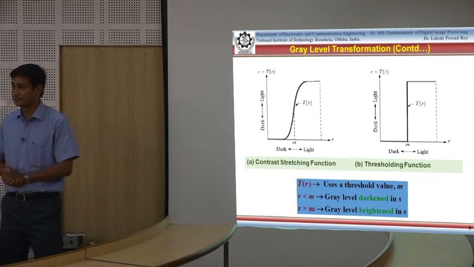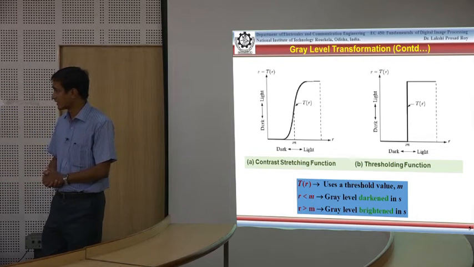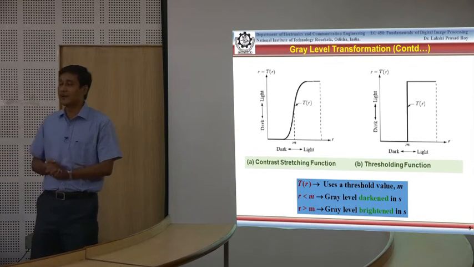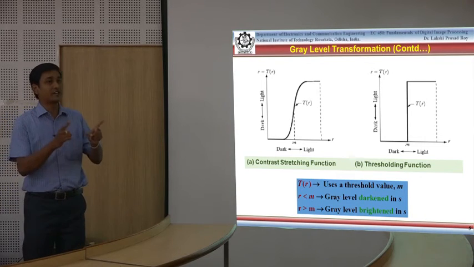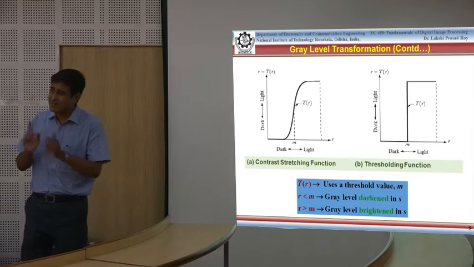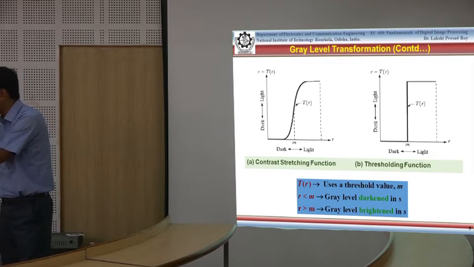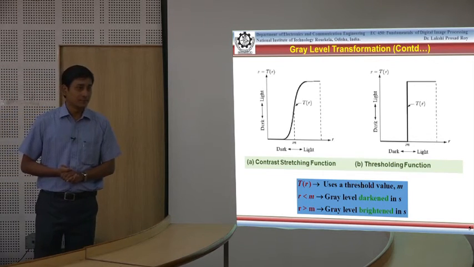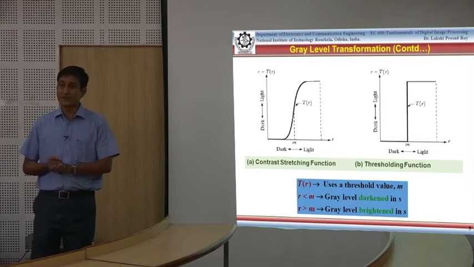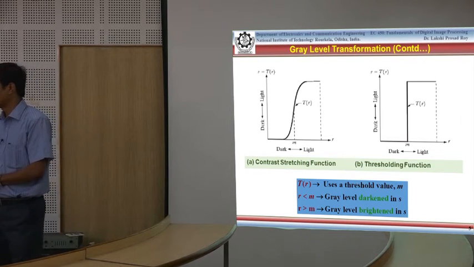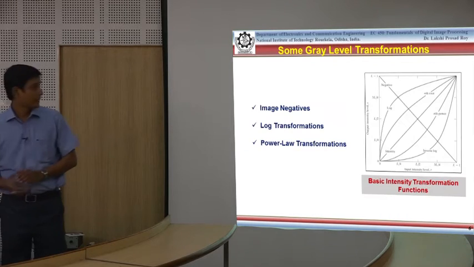That might be the question, is it not? If capital TR is given by a particular mathematical function, why specifically that function and not the other? That is the clue of image processing. If I want to do that, obviously something is in my mind. What are those? Let us see.